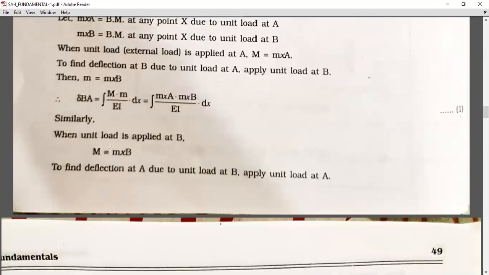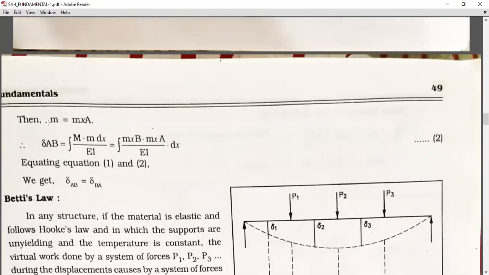Similarly, when unit load is applied at B, M is equal to Mxb. To find the deflection at A due to unit load at B, apply unit load at A, then m is equal to Mxa.